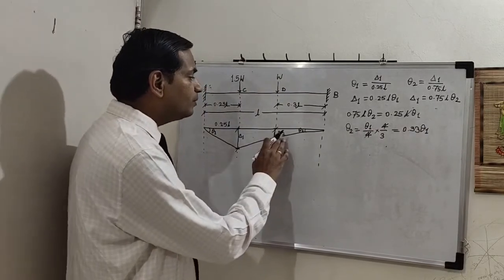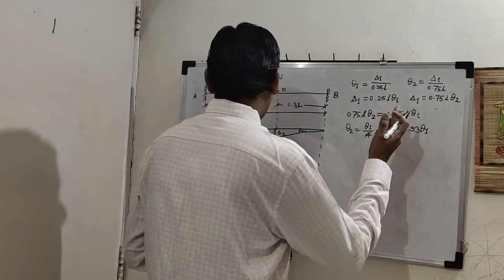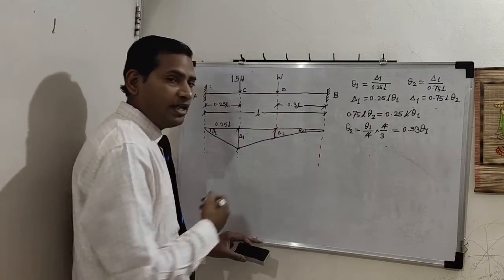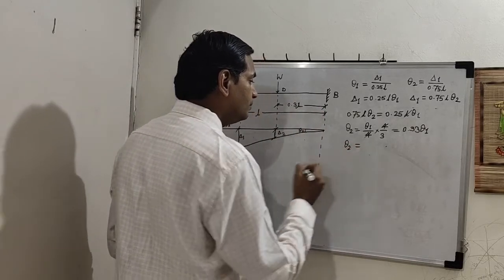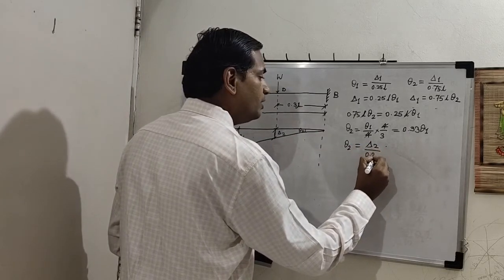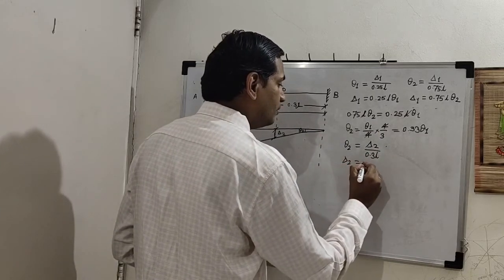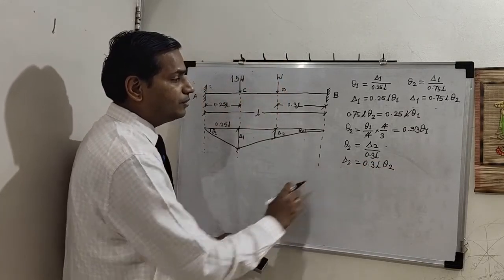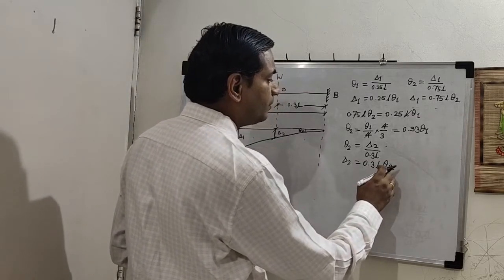Now we will bring delta 2 in terms of theta 1. What is that? We have to consider now this smaller right angled triangle. So this side is 0.3 L. So theta 2 is equal to delta 2 divided by 0.3 L. Okay. So delta 2 is equal to 0.3 L times theta 2. Another equation for delta 2. Do we have anything? No. So we will substitute theta 2 in terms of theta 1 as this value.